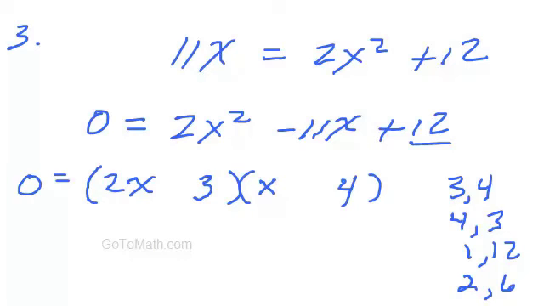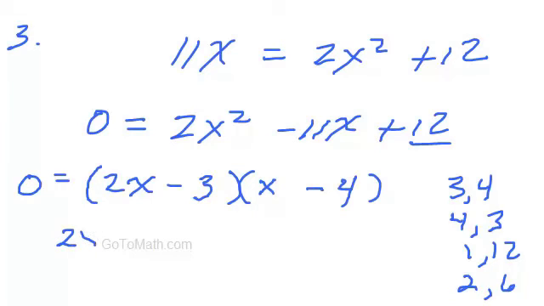Now since this is a plus sign, this term times this term is either going to be a negative and a negative, because negative 3 times negative 4 is positive 12, or it's going to be a plus and a plus. But the deal is we've got to get a negative right here. In other words, this 2x times negative 4 is negative 8x, and the negative 8x minus 3x is negative 11x, there we go. So I guess I got lucky on that one.